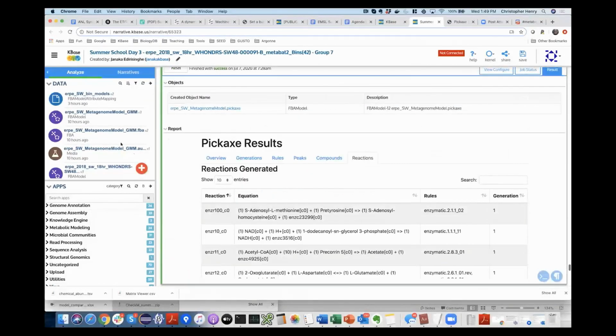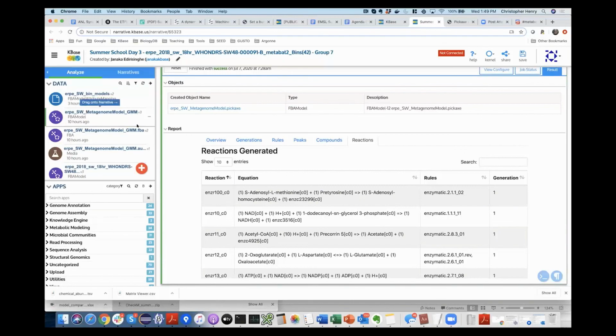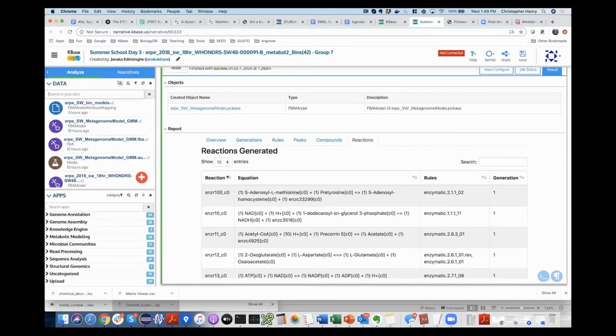But if you want to see the full set of chemical reactions and compounds predicted, the way to do that is to just click on the reaction here. I'll do this one.